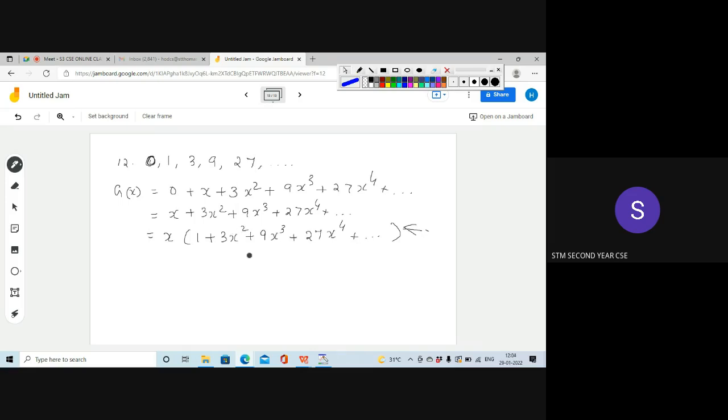Can you correct that? If I take x out, what will be the remaining sequence inside that bracket? Is that correct, what I had written?